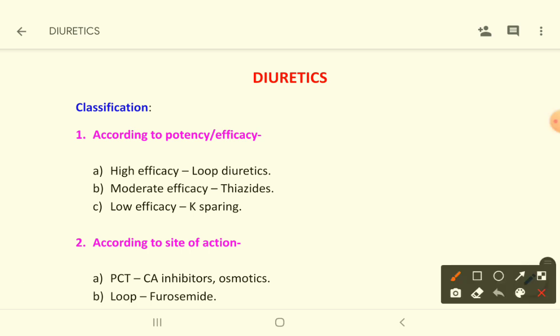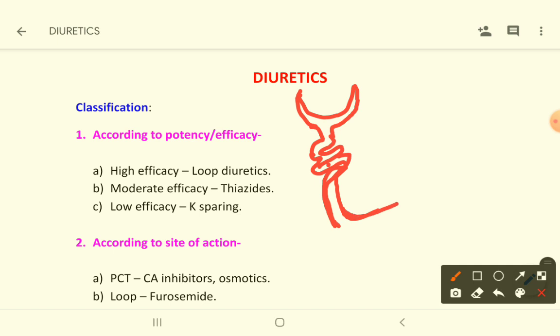So, suppose this is your nephron. Let me draw a nephron. Okay.